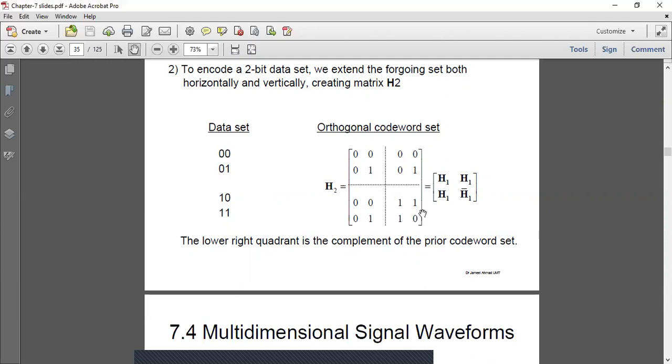So this is the complement. This is again the orthogonal code word set using the Hadamard matrix, called the Hadamard matrix. The lower right quadrant is the complement of the prior code word set. So now we can transmit two bits at a time.